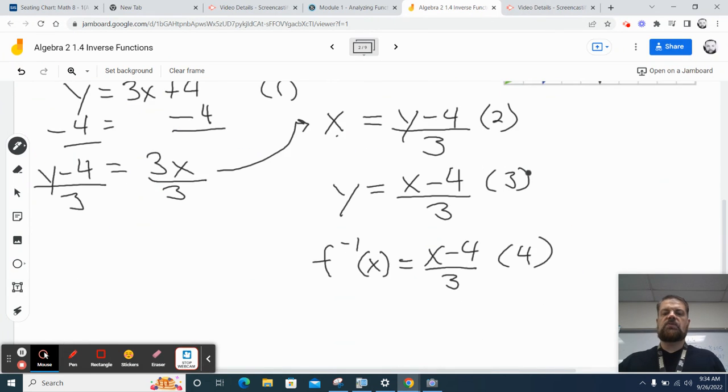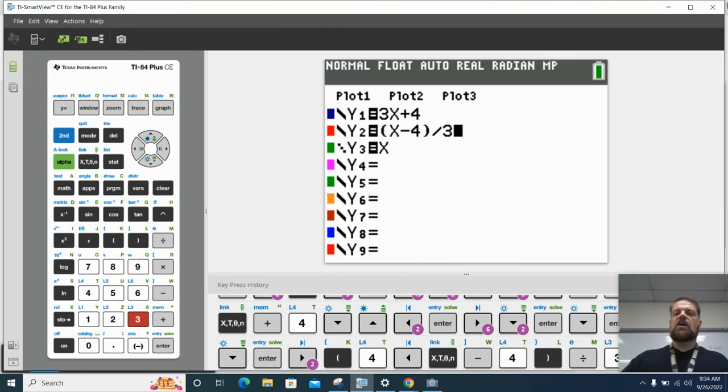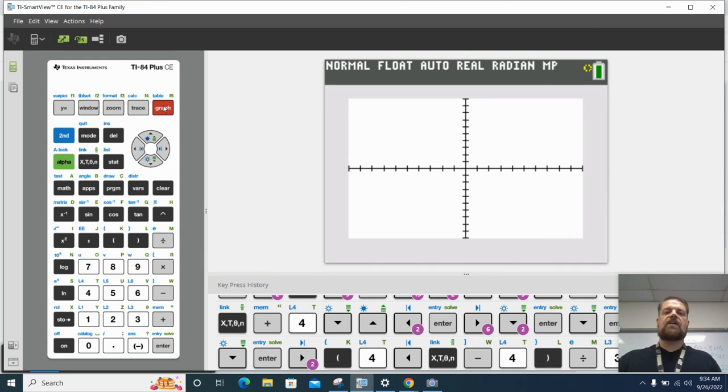Is that what my inverse function was? X minus 4 divided by 3? Yeah. So I'll leave that up there on the screen. So what I've done is I've graphed f inverse, that's my y2. I've graphed f as y1, and then my line of symmetry is y3. Okay? Go ahead and enter or hit graph.